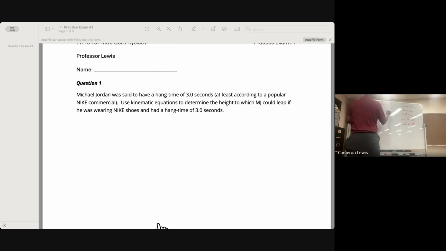So when we're problem solving, in each problem, there's going to be given information. They're going to give you something, right? Then there's going to be some type of assumptions.